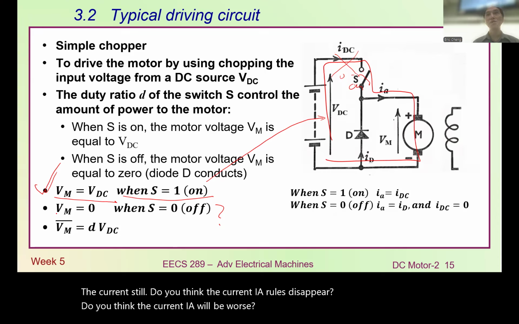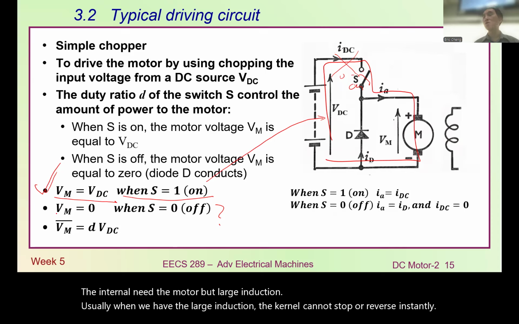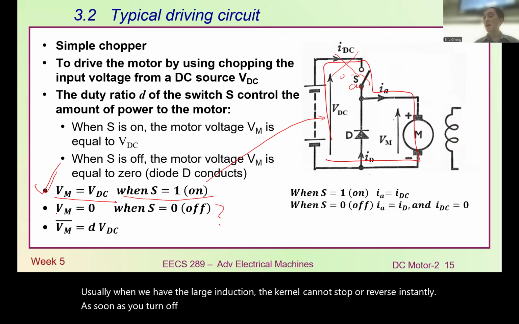No. Internally the motor has a large inductance. Usually when we have a large inductance, the current cannot stop or reverse instantly. As soon as you turn off the S switch, the IA current still needs to continue to flow for a short period of time because its energy is there.